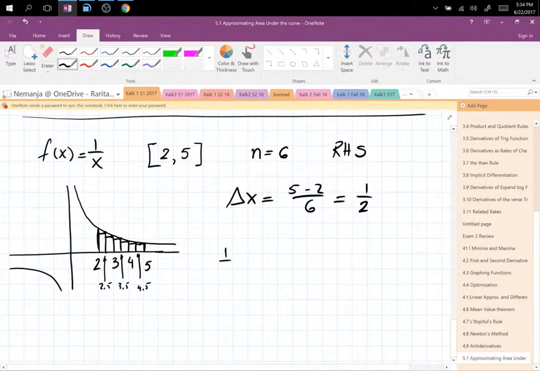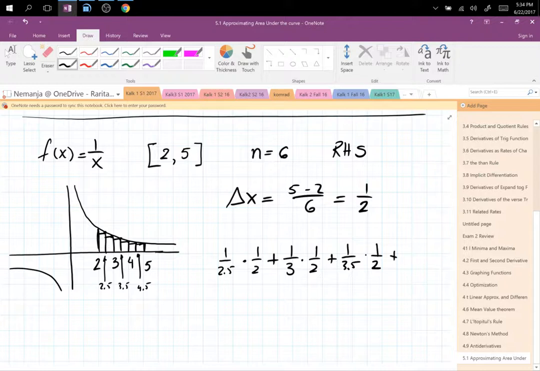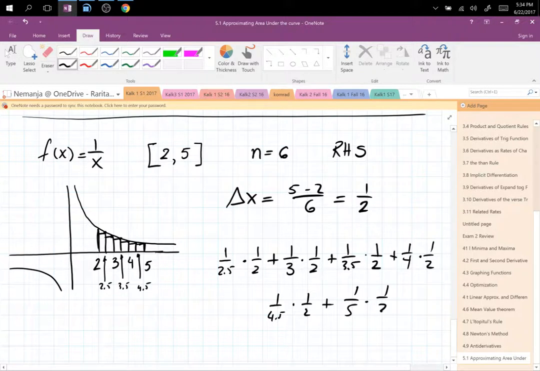So we have 1 over 2.5 times 1/2 plus 1 over 3 times 1/2 plus 1 over 3.5 times 1/2, plus 1 over 4 times 1/2, 1 over 4.5 times 1/2, and at the end 1 over 5 times 1/2. Right hand and left hand only matters to draw the rectangle. We always go from the smallest to the largest value.